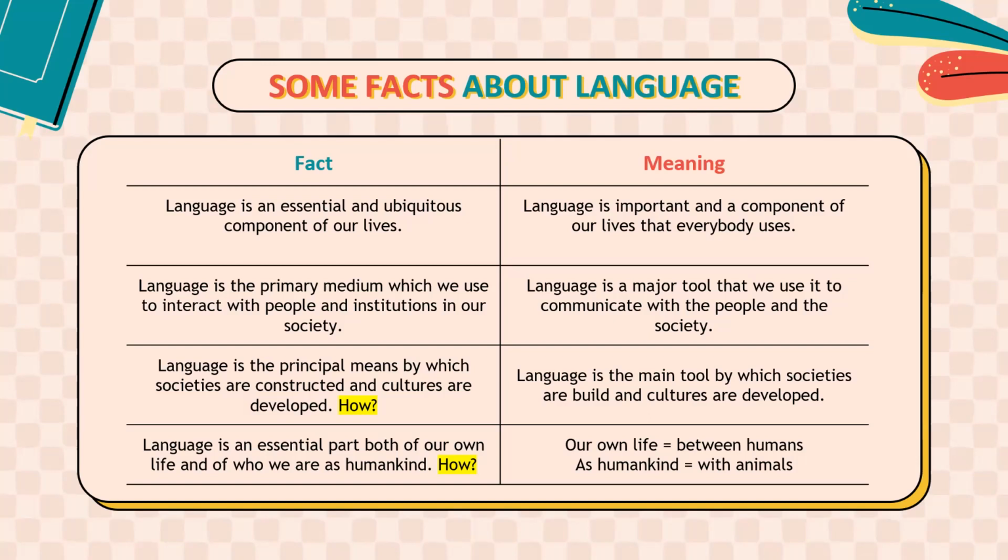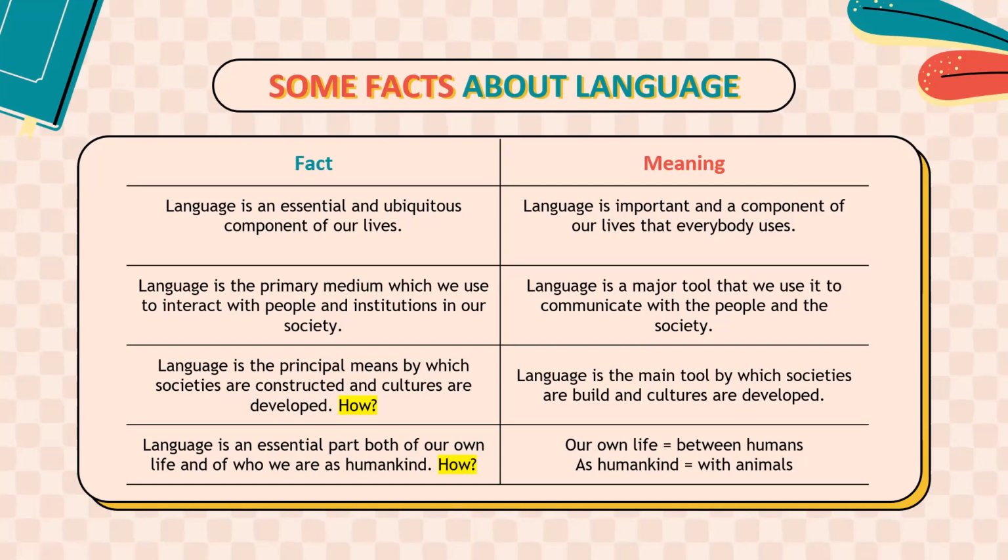But when the language developed, and we had Shakespeare, Christopher Marlowe, John Donne, and so on, we had the Elizabethan era, which was the top era in Britain. So language develops cultures. Language is the main tool by which societies are built and cultures are developed.